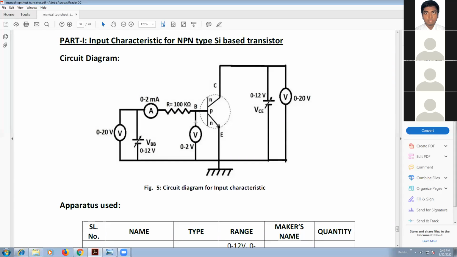We have to plot on the graph paper VBE on the x-axis, and on the y-axis the corresponding reading of IB, keeping VCE constant.